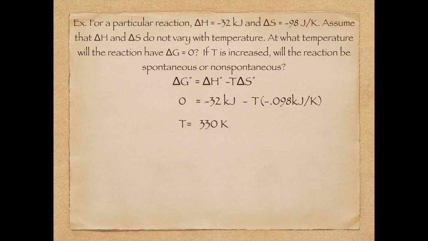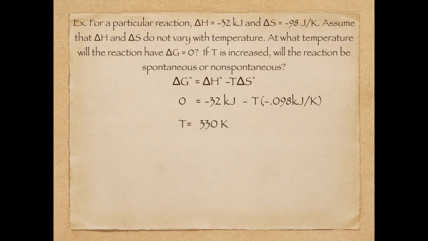So let's look at this. At 330 Kelvin, my reaction is at equilibrium. Okay? So if I raise my temperature, look right above, it's negative 32 minus T times negative 0.098, which makes the temperature times your entropy change a positive value.